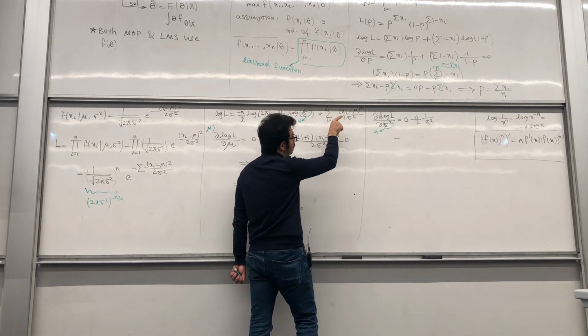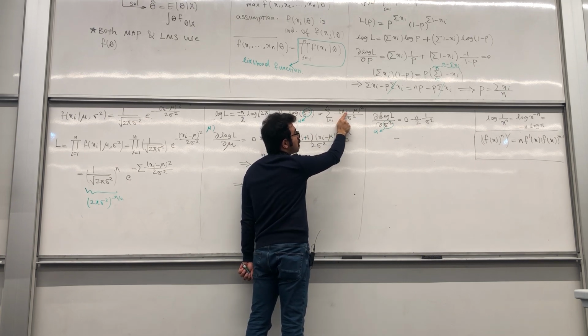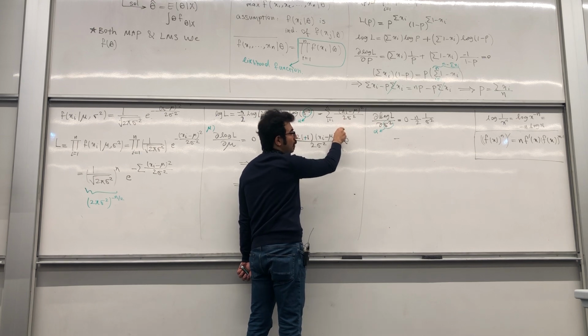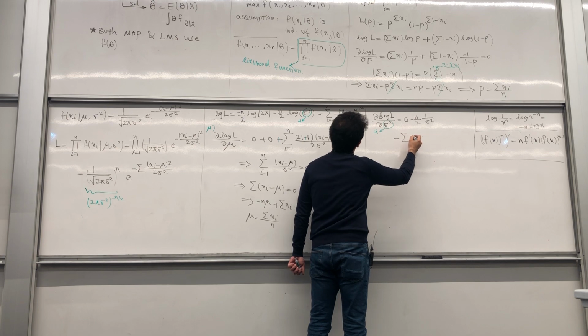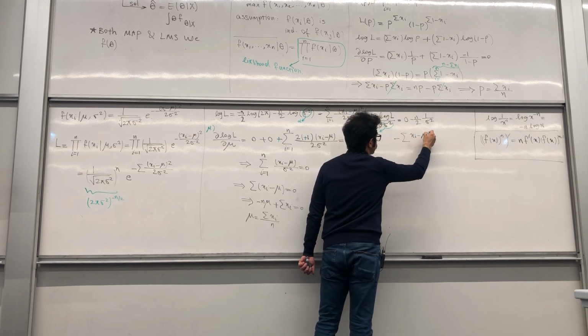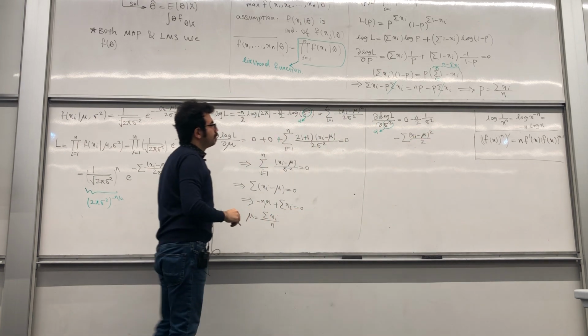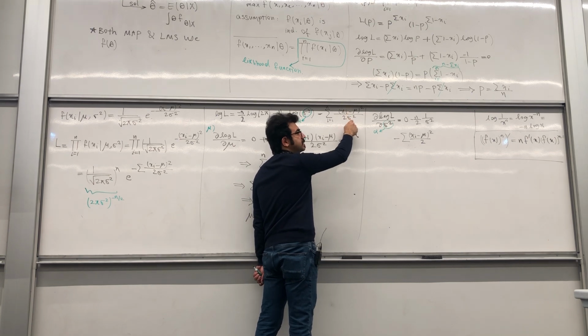The other terms are actually coefficients for it. This xi minus mu to the power of 2 over 2, we can treat it as a coefficient. So let me write it. I have a coefficient here which is minus xi minus mu to the power of 2 over 2. This is a coefficient. Now, what is left is 1 over sigma squared.